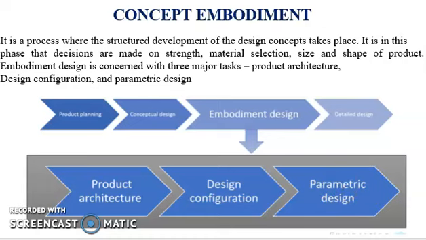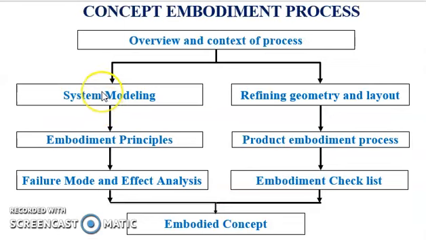The concept embodiment process can be carried out in two approaches, namely the basic methods and advanced methods. Both the methods start with overview and the context of concept, obtained after performing concept testing activities.